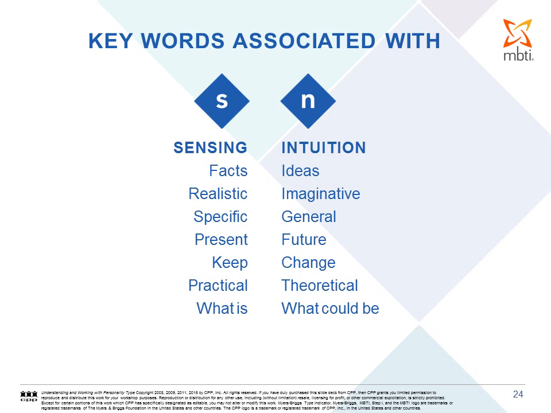So some of the keywords associated with sensing and intuition: facts versus ideas, realistic versus imaginative, specific versus general, present versus future, keep versus change, practical versus theoretical, what is, what could be.